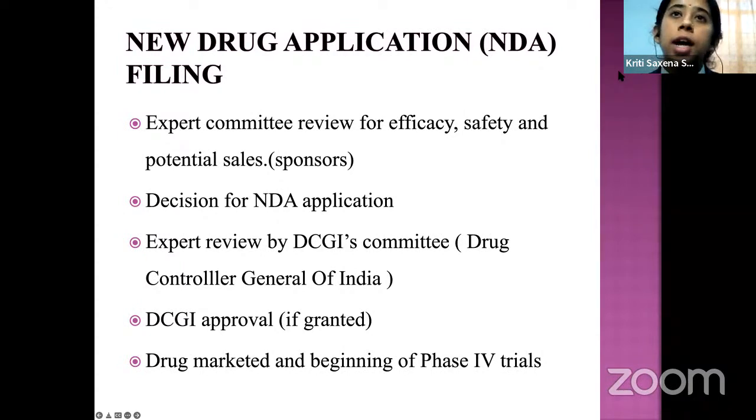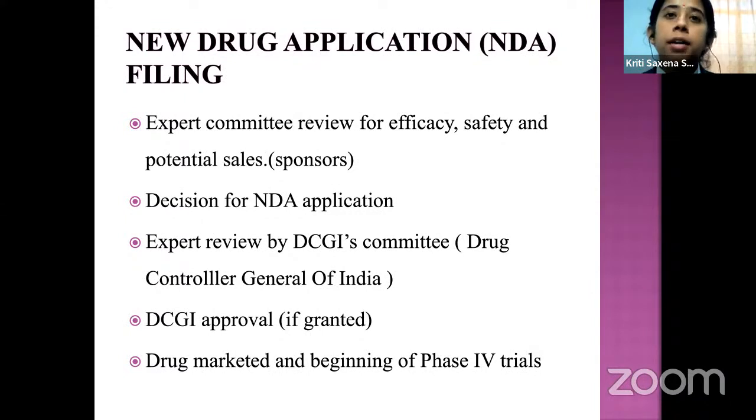The NDA is filed with the DCGI. The NDA filing includes expert committee review for efficacy, safety, and potential sales. That is, we have an expert committee from the sponsors, and they review whatever results we have from phase 1, 2, and 3 trials.